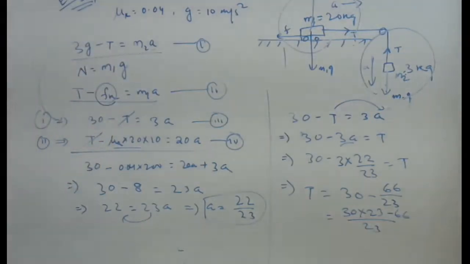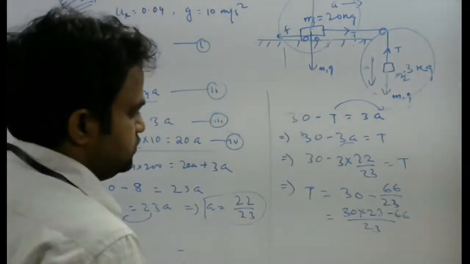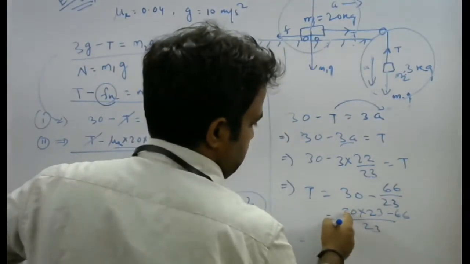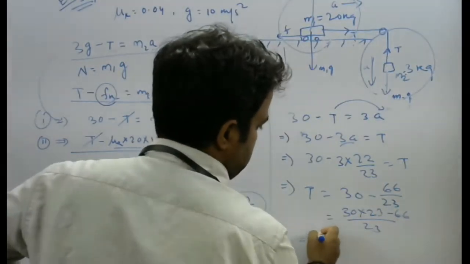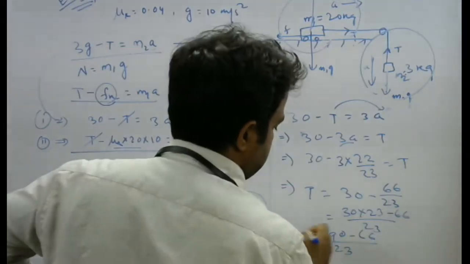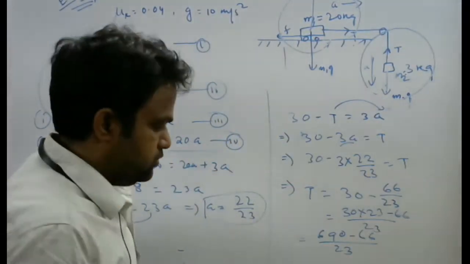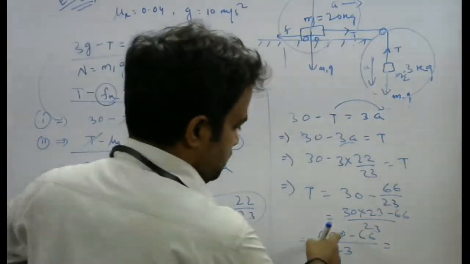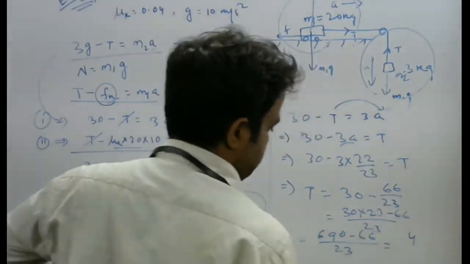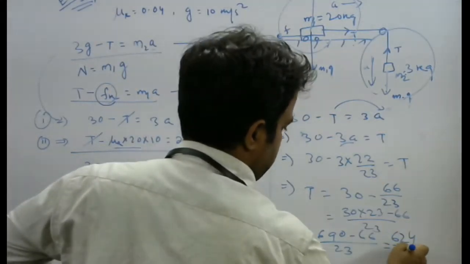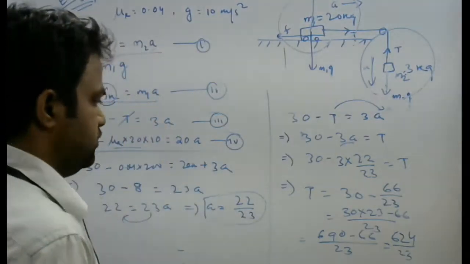So you can do some calculation, right? 3 threes are 9, 690 minus 66 by 23. So this will become 624 by 23 Newton.